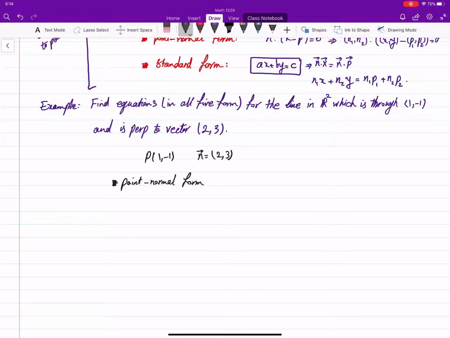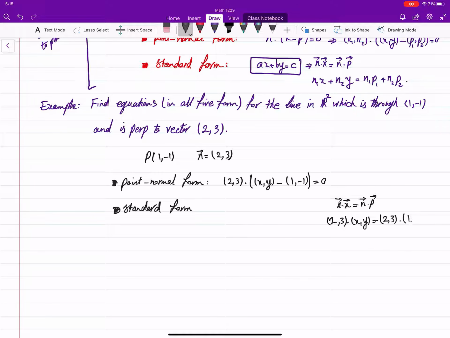Normal form, which is n dot x minus p equals 0. We can also write the standard form, which is, you start with n dot x equals n dot p, gives us (2, 3) dot (x, y) equals (2, 3) dot (1, -1).